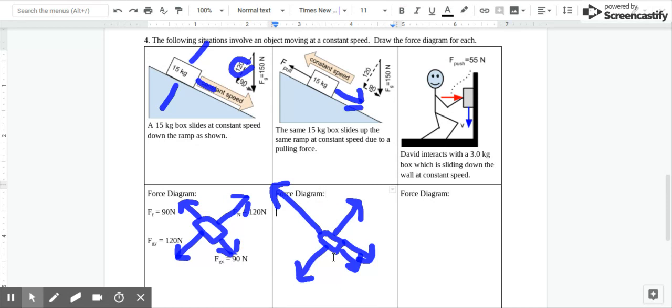All right, so let me go down. This here is my F. There we go. That's my F_GY of 120 again. And then we've got an F_GX again of 90. So that can go here. This right here is our F friction, and that's also 90.